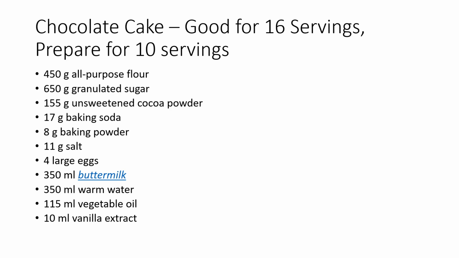This is a simple extension of ratio and proportion in which all of these ingredients are in a ratio to the final amount, which is 16 servings. So 450 grams is to 16 servings. 650 grams is to 16 servings.